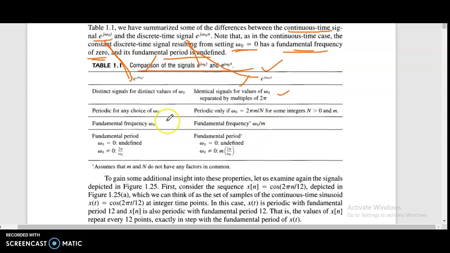The continuous-time signal is periodic for any choice of ω₀, while the discrete-time signal is periodic only if ω₀ = 2πm/N for some integers N greater than 0 and m.